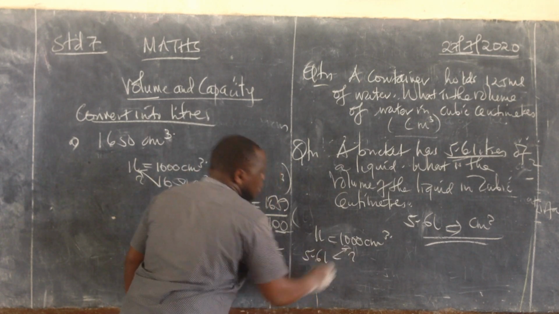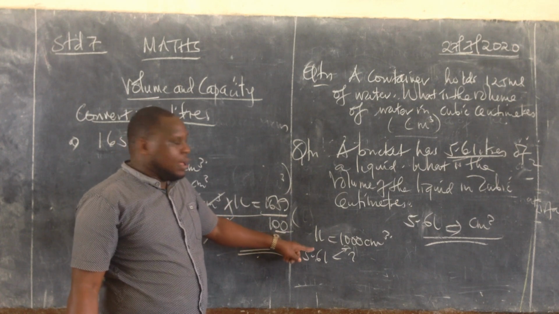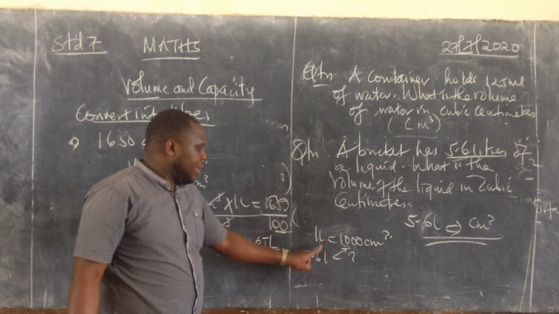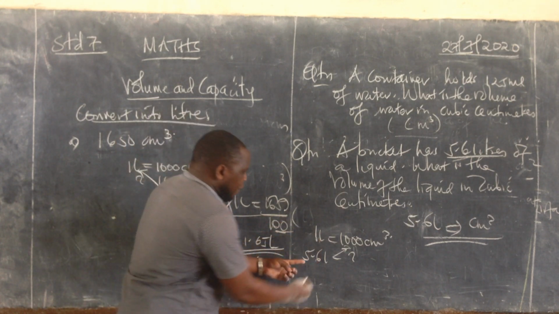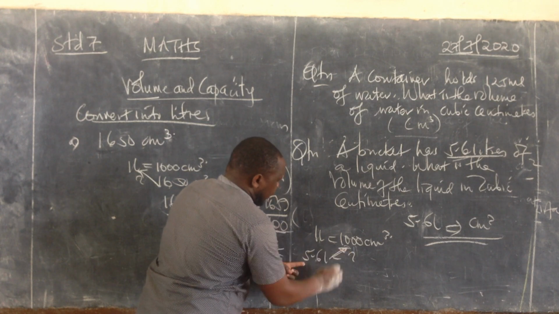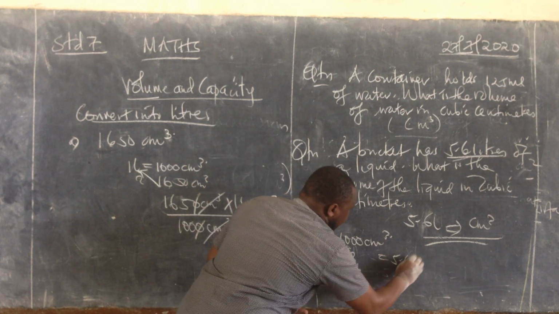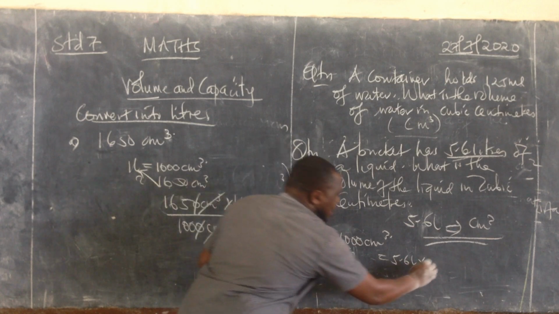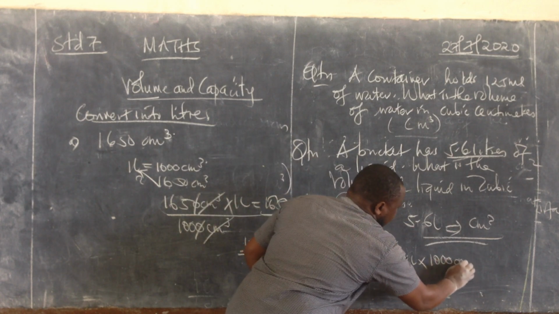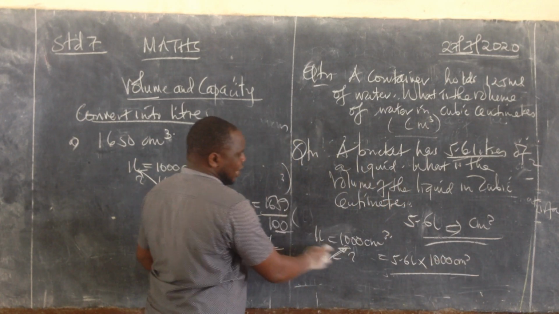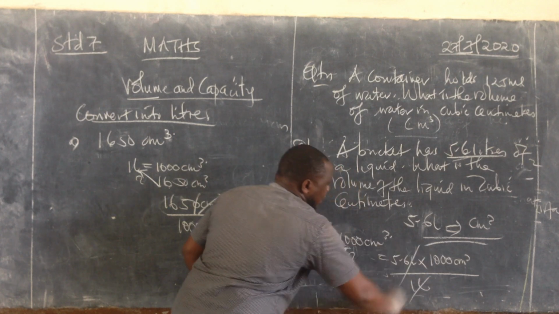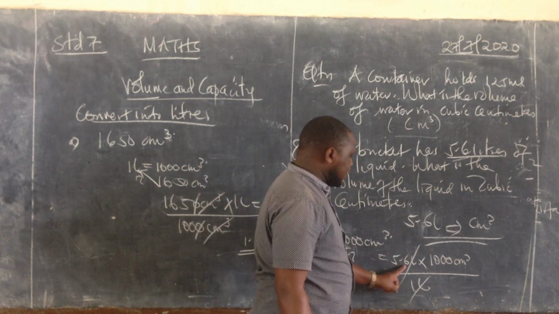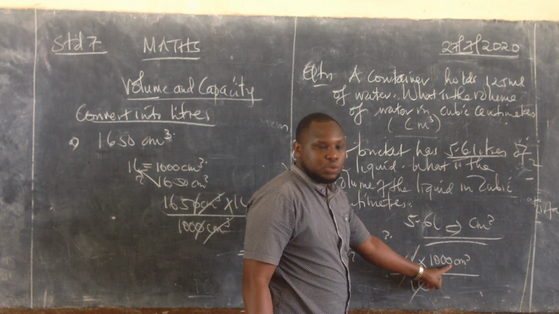Is how many cubic centimeters? Look at where I'm writing my liters. My liters should be where we have liters. So that you get 5.6, now you cross multiply. 5.6 liters times 1,000 cubic centimeters over 1 liter. Liter and liter will cancel. You remain with 5.6 times 1,000 centimeters cubed.